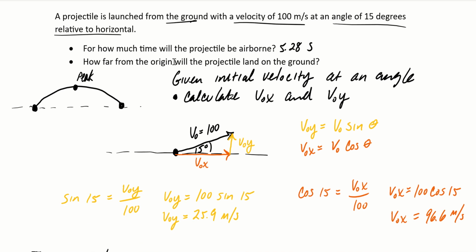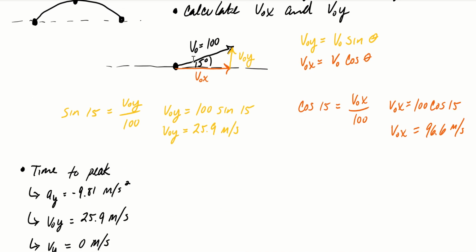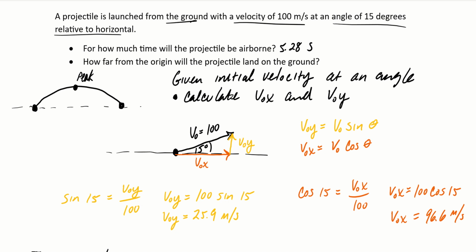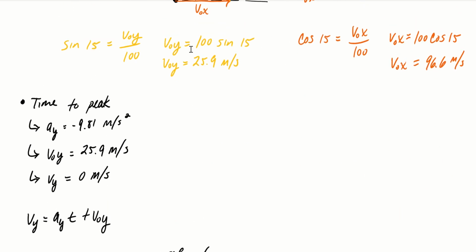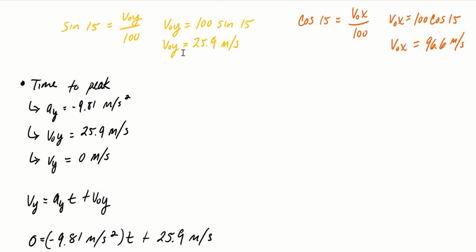How far from the origin will the projectile land on the ground? So what this is asking for is a horizontal distance. What is the horizontal distance that the projectile will go? So if I'm looking at the horizontal distance, I know a few things about the horizontal trajectory. I know that the acceleration in the x direction for all of these problems is 0 meters per second squared.